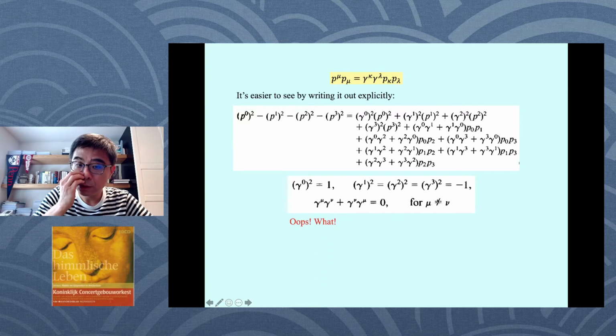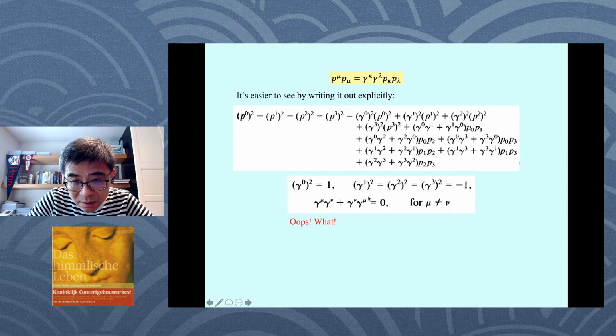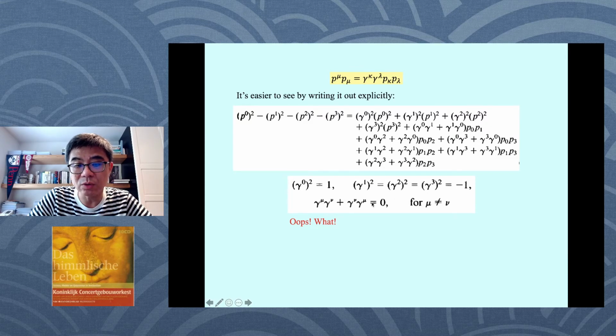Oops, how could it be possible? Remember, the second equation could not be satisfied by any numbers. Numerical numbers always commute, but the second equation told you that they do not commute. I should say they actually anti-commute, because if you put this term onto the right-hand side, gamma nu gamma mu is equal to minus gamma mu gamma nu.